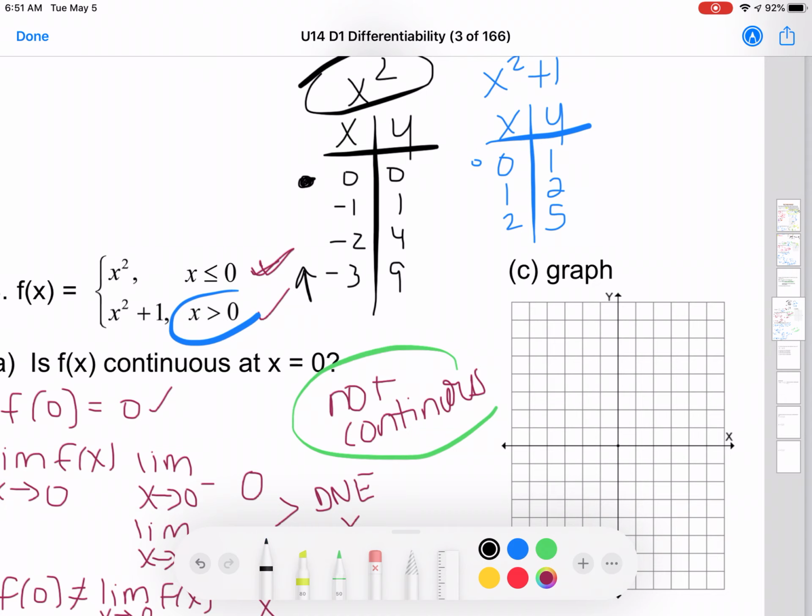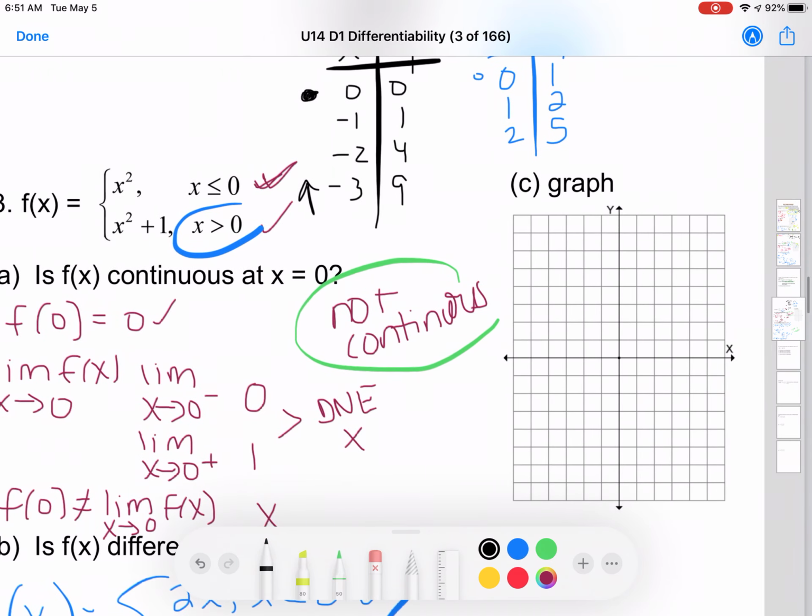Okay, so let's go graph these down here. So we got 0, 0, -1, 1, -2, 4. I don't have room for the other one, but we know that this is a part of a parabola. And then let's graph the blue side.